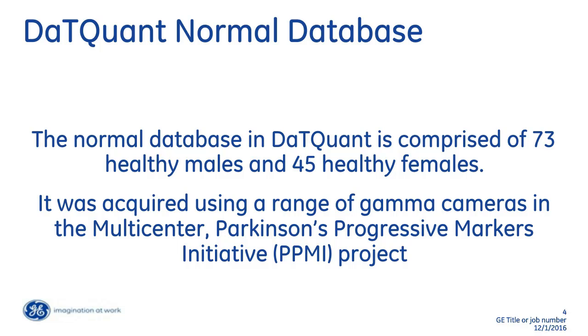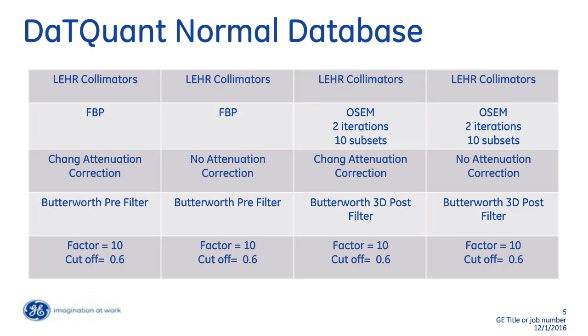Now, all of the patients in the normal database were scanned using low energy, high resolution collimators. And they were reconstructed in 4 ways. So consequently, we have 4 different normal databases.